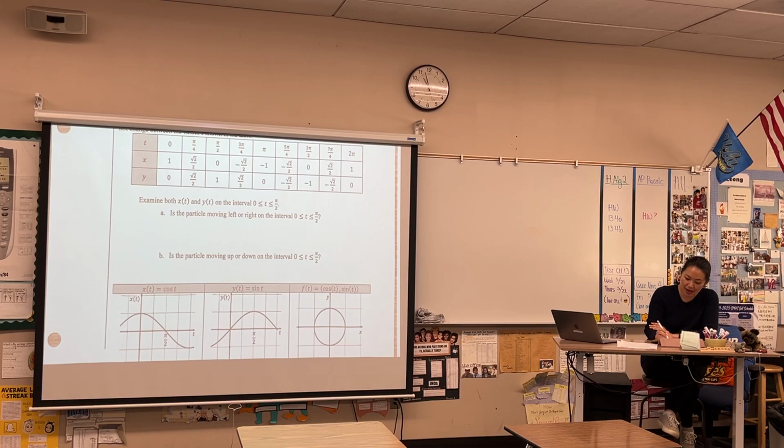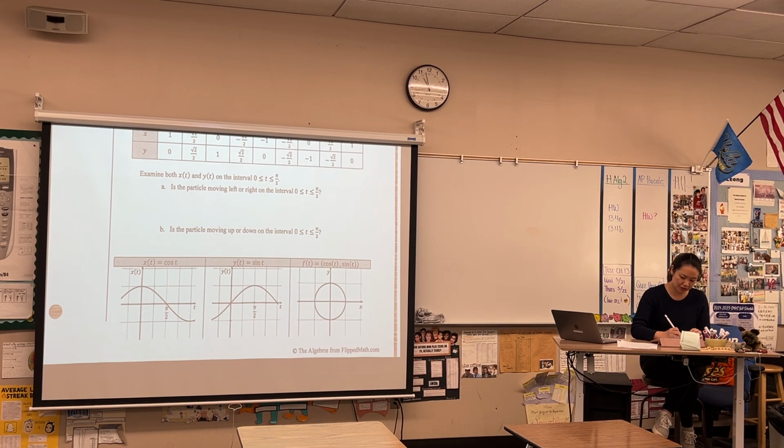So here, as t is increasing, what's happening to our x values? Is it increasing or decreasing? Decreasing, right? It's going from 1 to 0. And on the graph, you can see this too. It's decreasing, going this way. So is the particle moving left or right based on that?